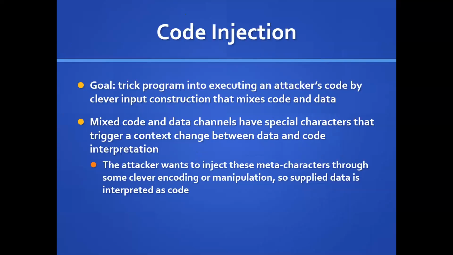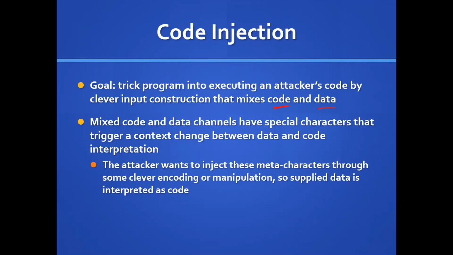So let's describe it a little bit. The goal is to trick a program into executing an attacker's code by clever input construction that mixes code and data. And that's the classic example of a SQL injection, right? When you write a query, if you do a badly written query, I should say, you're mixing code and data, and you don't want to do that.